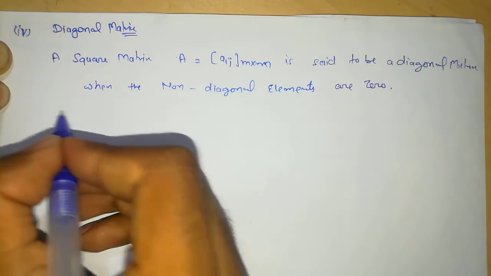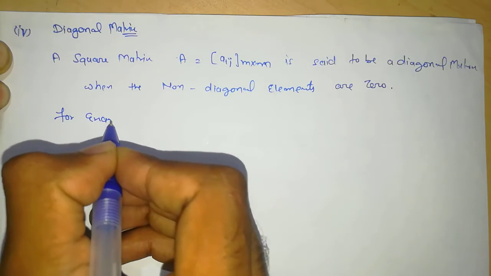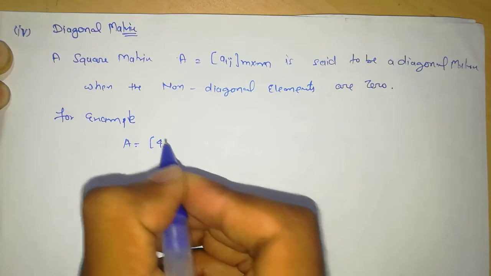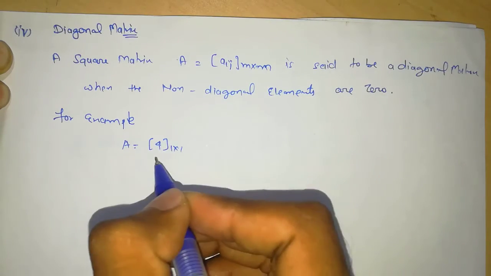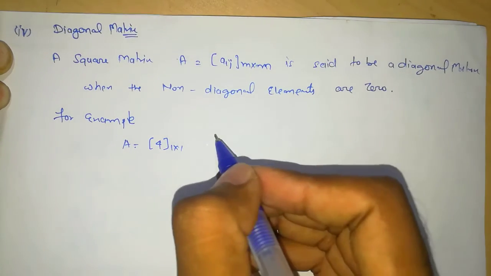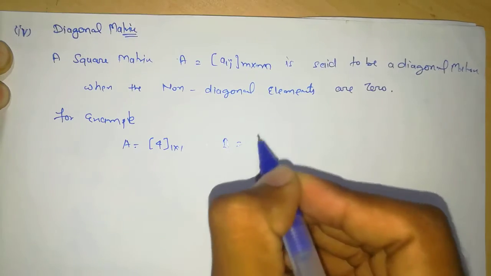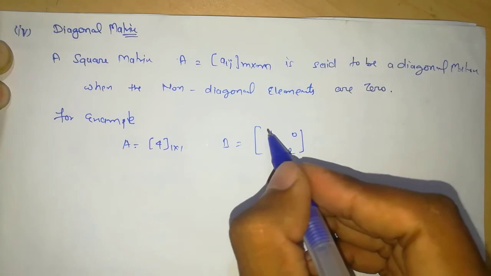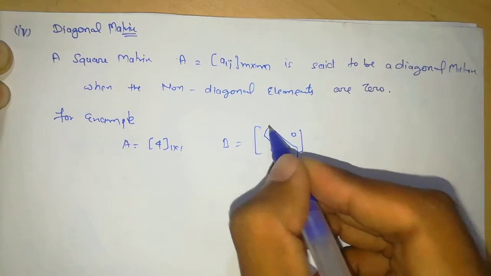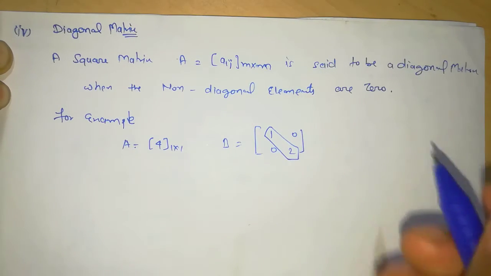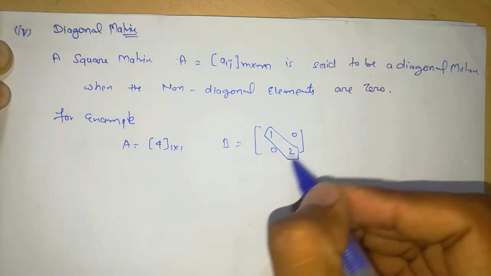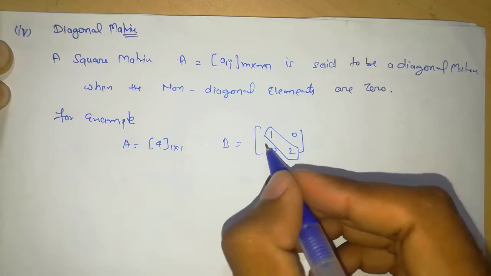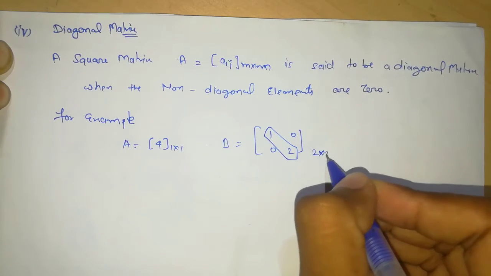It means, for example, A equals 4, which is 1 cross 1, only one element is present. Next, B equals 1, 0, 0, 2, where only the main diagonal elements are present and the other, non-diagonal elements are 0. The order of the matrix is 2 cross 2.